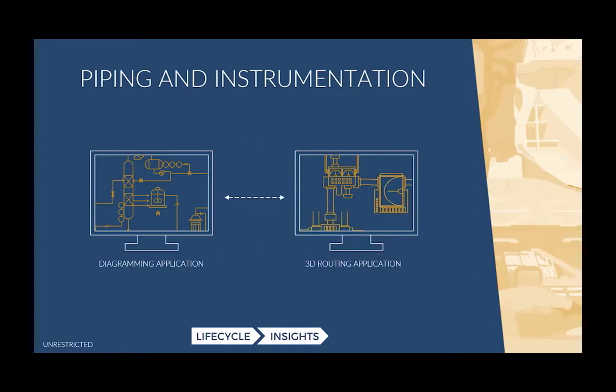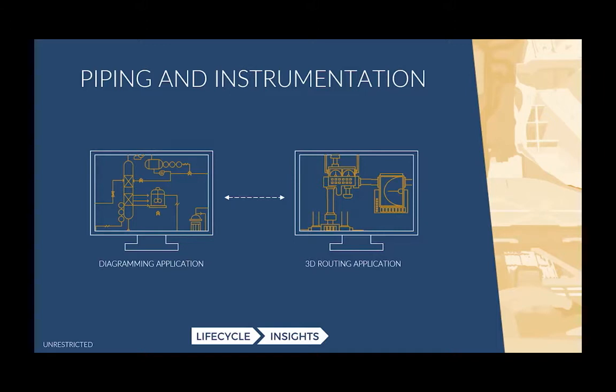So what some companies are doing is adopting these integrated suites. You can either start with the diagram and lay that out, and then you almost get a to-do list when you go to route things in 3D, or vice versa. You start to route things in 3D, and then you have a representation within the P&ID.